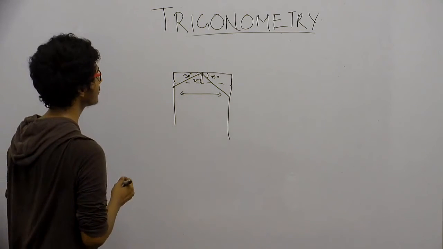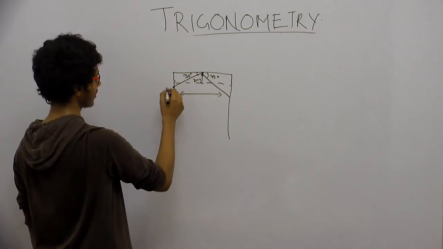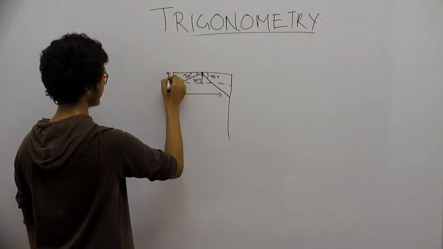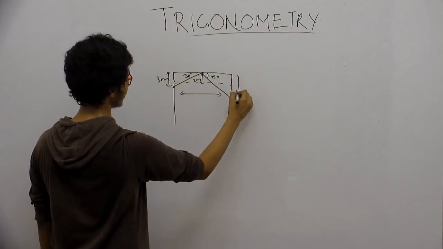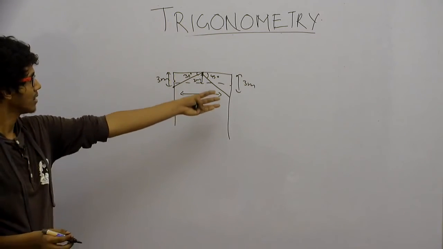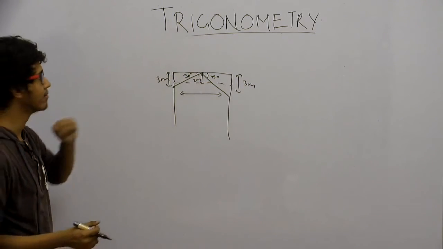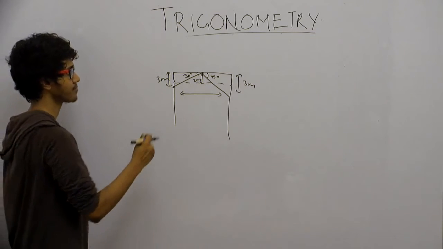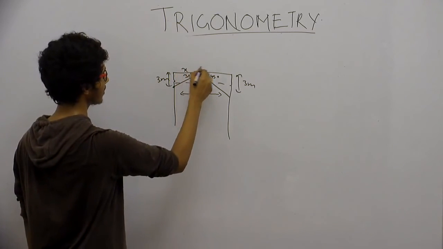Now how do we do that? It's very simple. We take this as 3 meter and this also as 3 meter. Since it is the angle of depression, the elevated distance will be the same. Then we just solve for x and y.